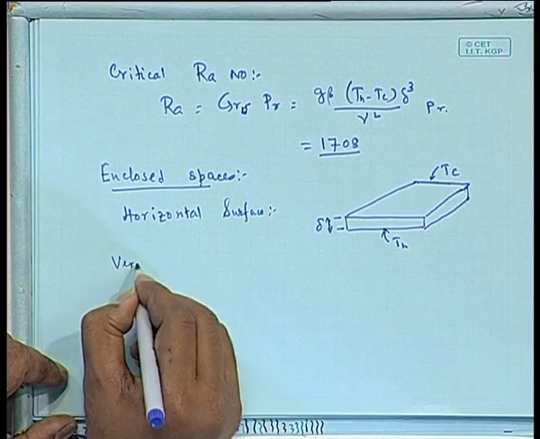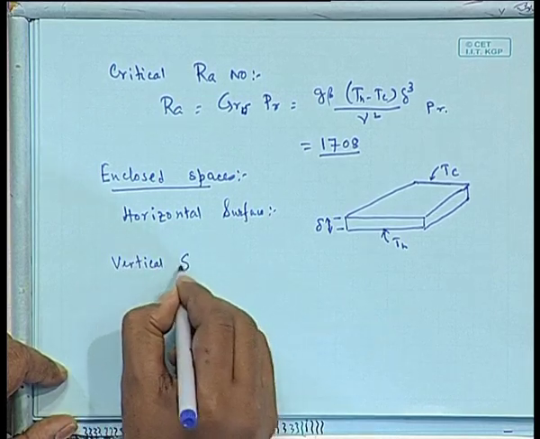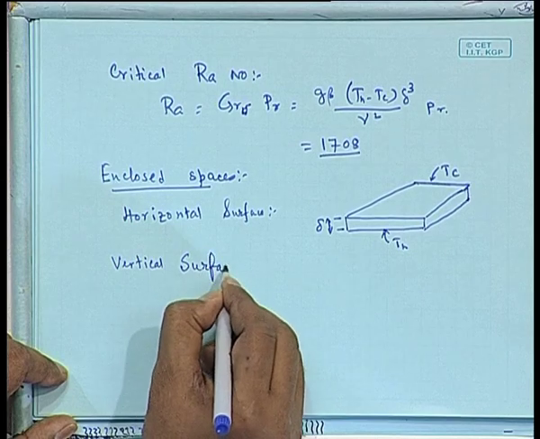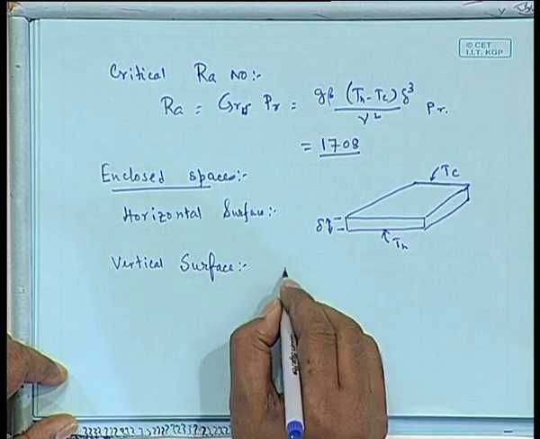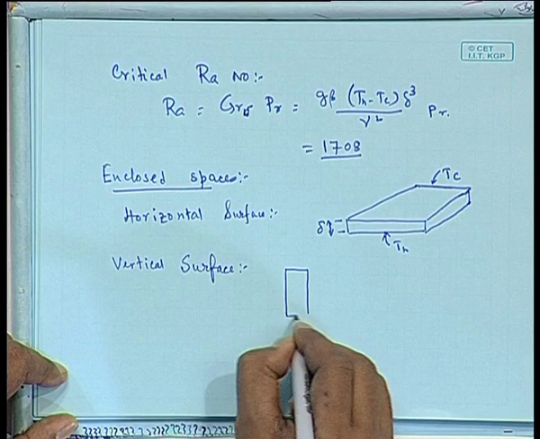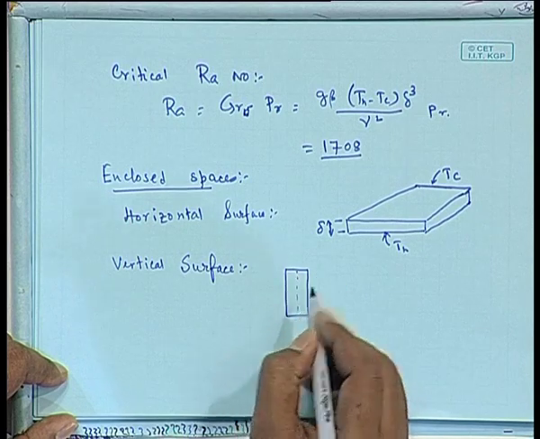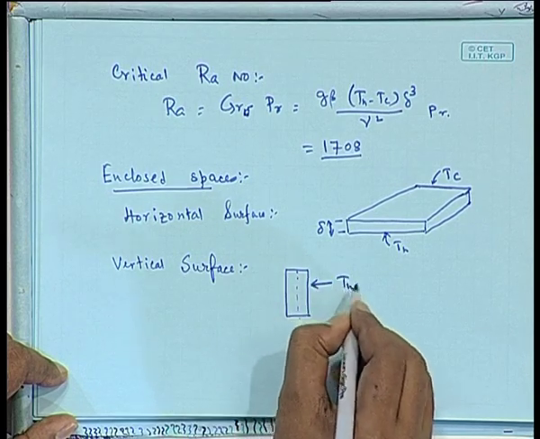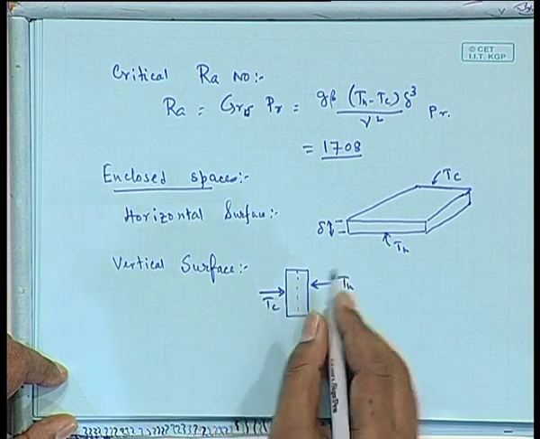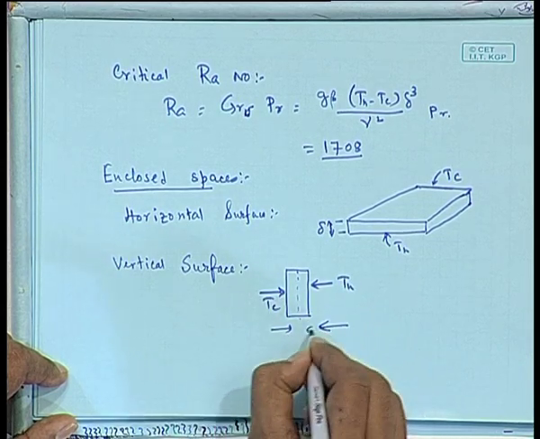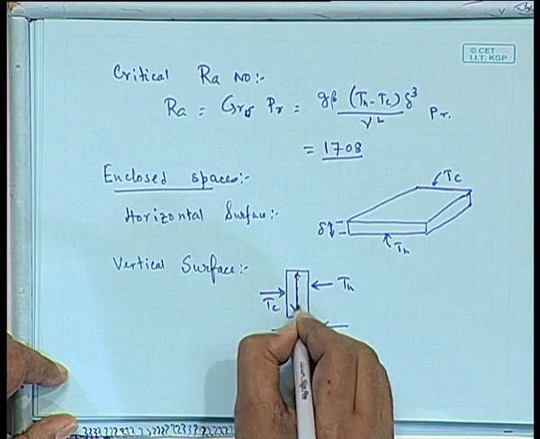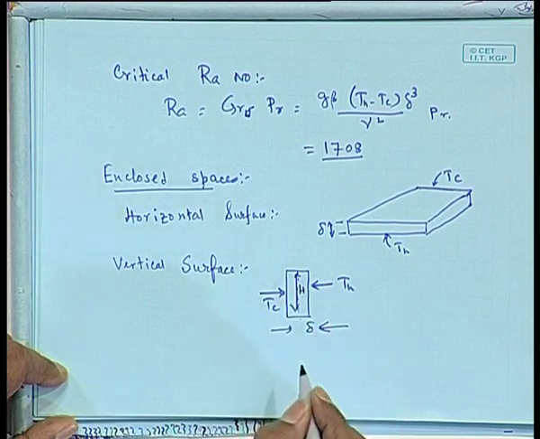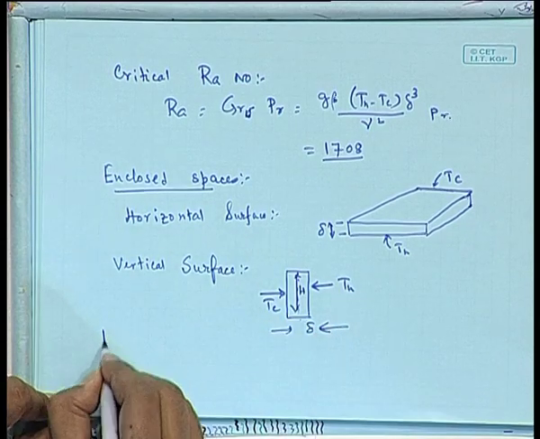You can have a vertical surface, where this is T hot, T cold, this separation is delta, and this height is h. You can have an inclined surface.